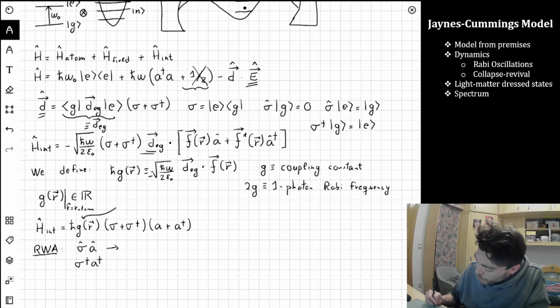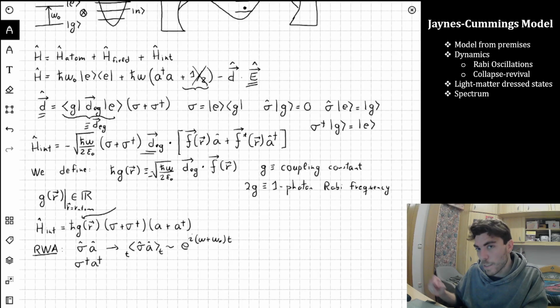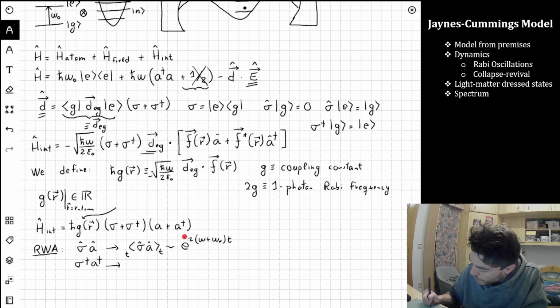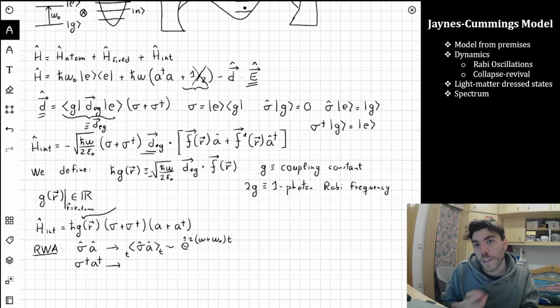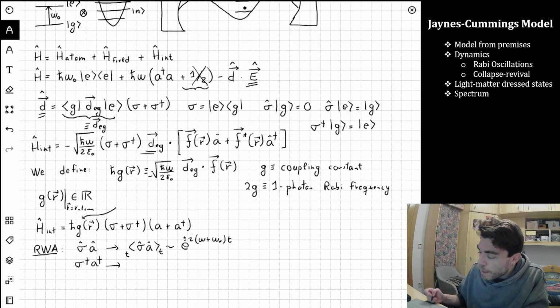If we go to the Schrödinger picture and calculate the mean value of σa in the unperturbed system, we see that it goes as e^(i(ω+ω0)t). We did this again in the videos on the semi-classical model, and it is the same with a plus or a minus sign. So these terms oscillate very rapidly, and their mean value is 0.